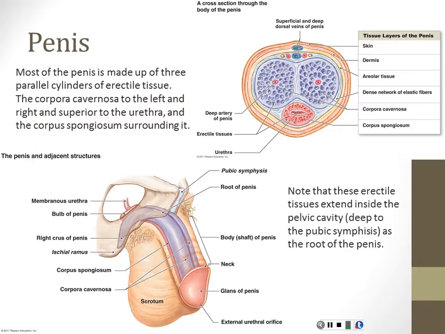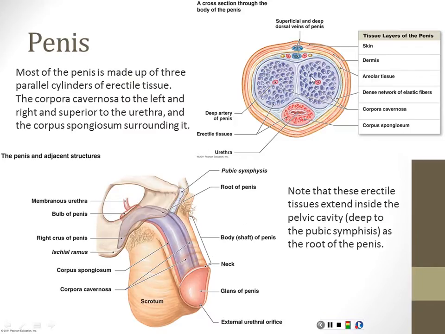Okay, and you don't see that kind of thing very often, but it would work in the same way. So when these spongy tissues fill with blood, they have this tough outer covering which prevents them from expanding past a certain point. So what develops in these 3 cylinders is hydrostatic pressure. Okay, and that hydrostatic pressure is what changes the shape of the penis, right?